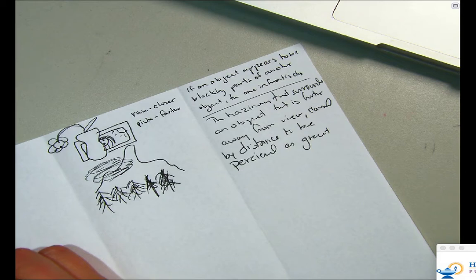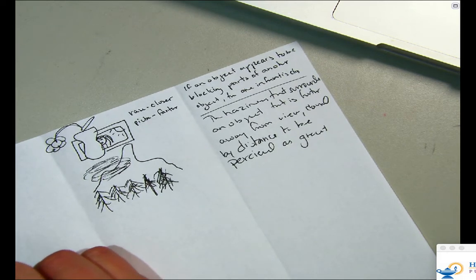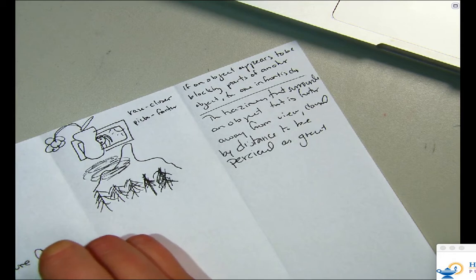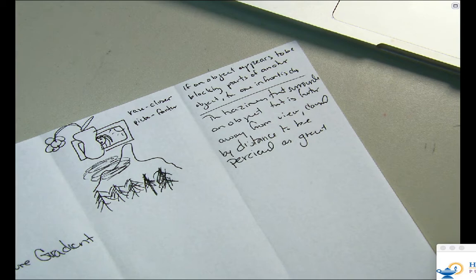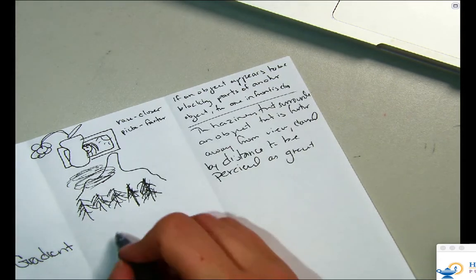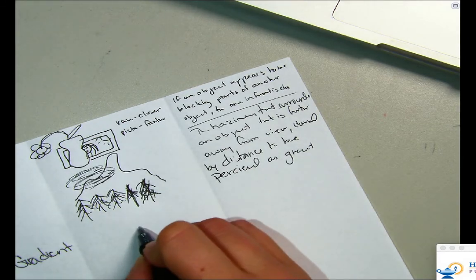So your fifth. Bob Ross. Texture gradient.